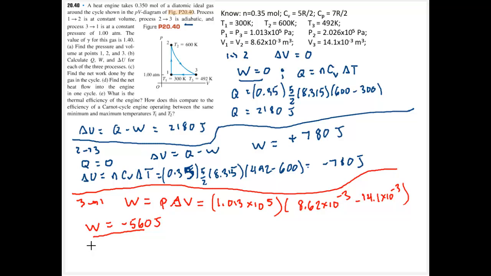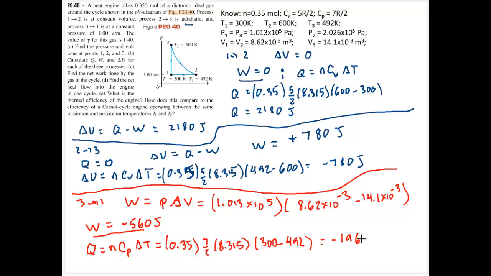I can solve for the heat flow for a constant pressure process. That's going to be equal to n multiplied now by the heat capacity at a constant pressure multiplied by the change in temperature. So 0.35 moles. Now it's going to be my 7/2 multiplied by 8.315. The change in temperature, it's going to finish at 300. It's going to start at 492. So the heat flow is going to be equal to negative 1960 joules.